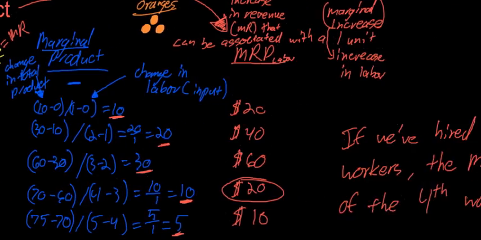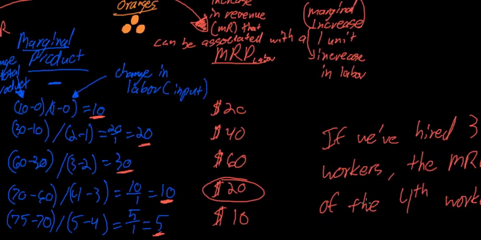So if we've hired 3 workers, the marginal revenue product of the fourth worker is $20. So that fourth worker earns our farm an extra $20.